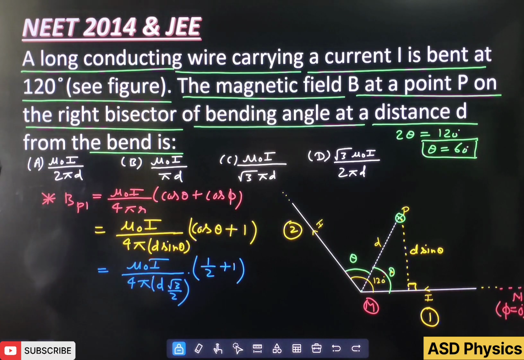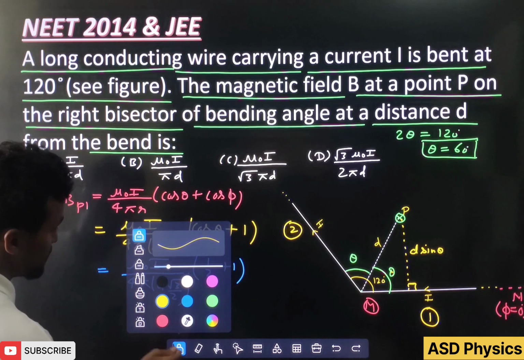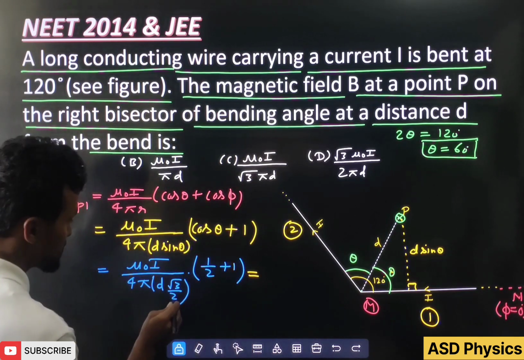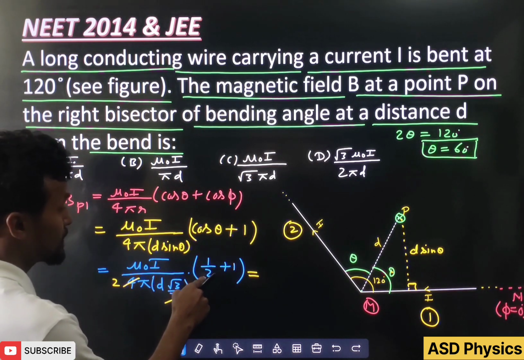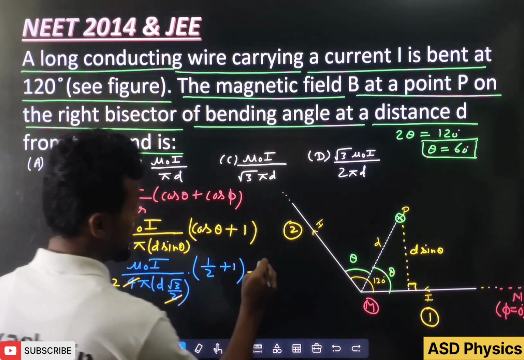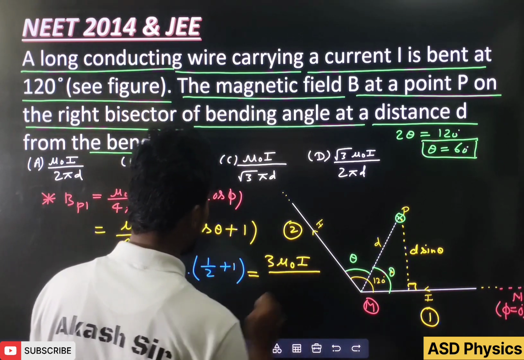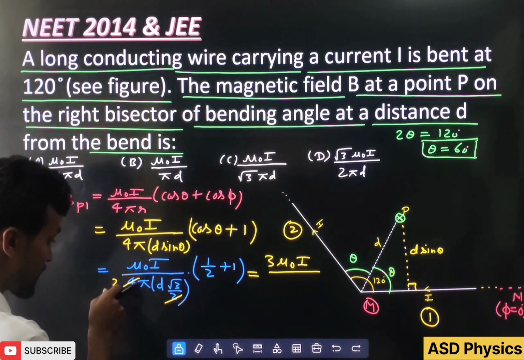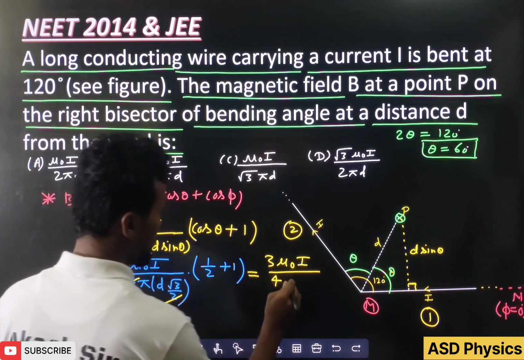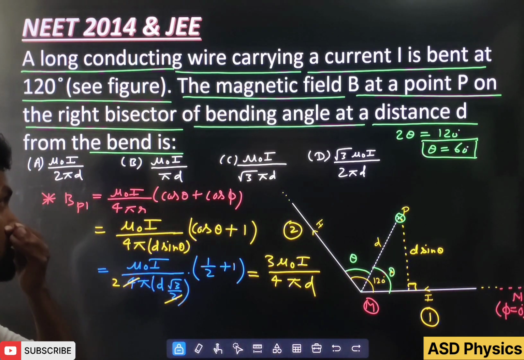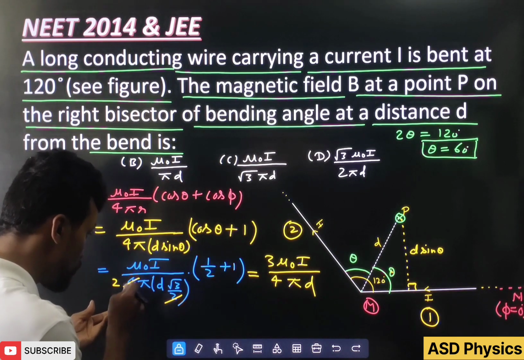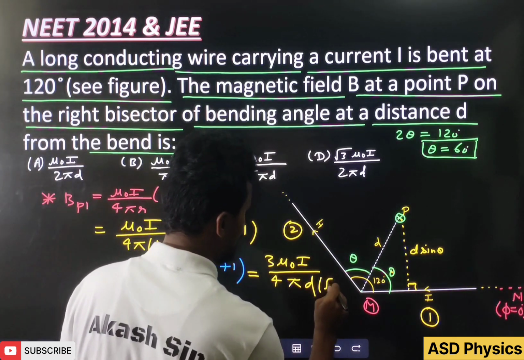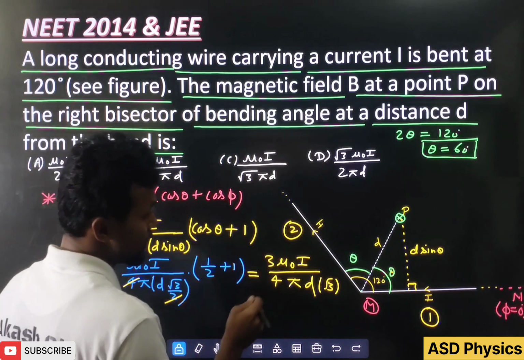Now we have to simplify this. 2 2 is 4, and 1 by 2 plus 1 becomes 3 by 2. So it will come 3 mu naught I, the 2 and 2 will adjust, so 4 pi D, and this root 3 is also there. This is due to one wire. So what will happen here?